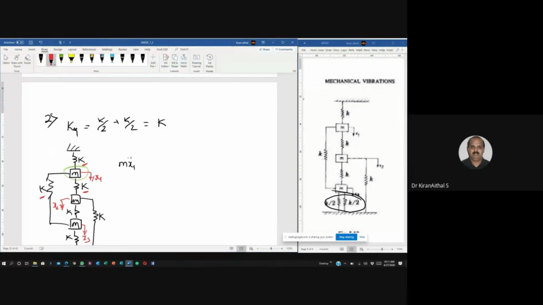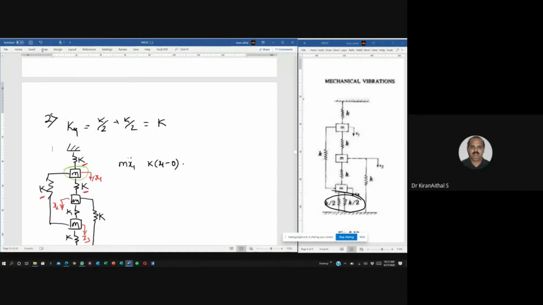So I can say m1 x1 double dot plus, first I will take the topmost, k into x1 minus 0. Probably you will get confused, so I will erase this.